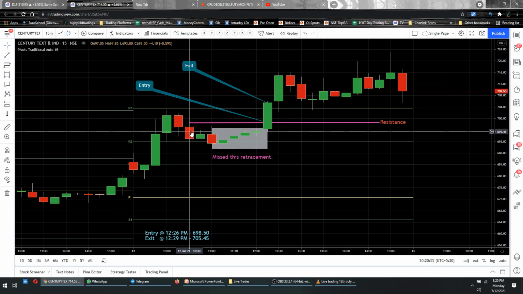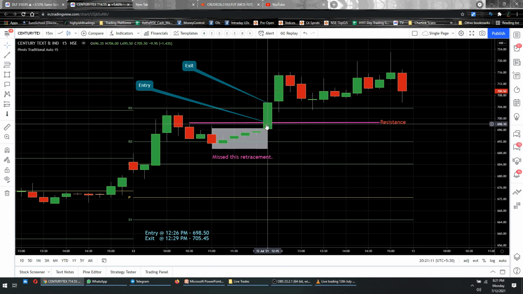The high of this particular candle was 697.85, so I roughly took a number of 698.50. 698.50 is greater than 697.85. That is the point where I placed a stop loss buy order.